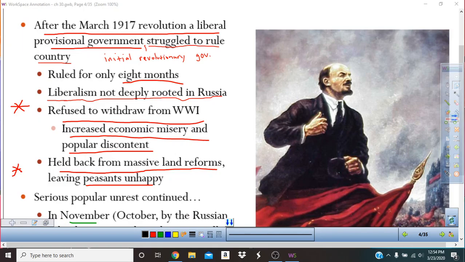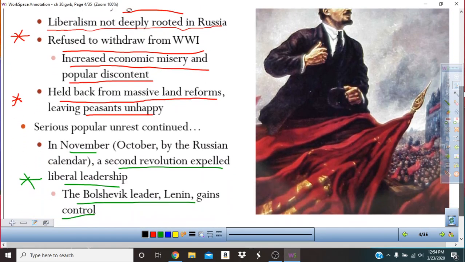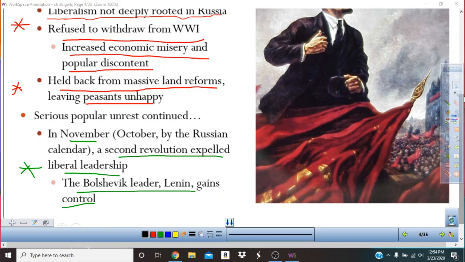Well, they did not withdraw from World War I, and the people in Russia had demanded land. The peasants wanted land that they could call their own, and that would also be denied by this new government.